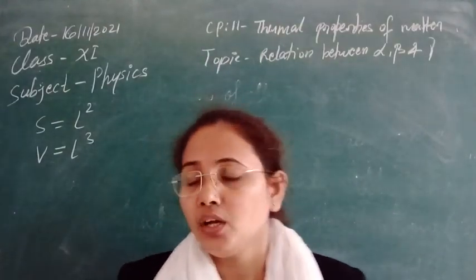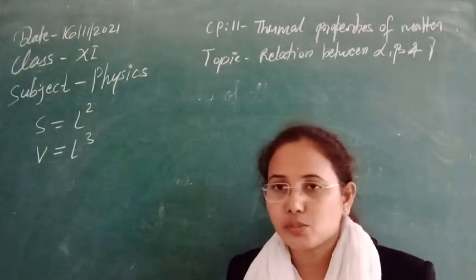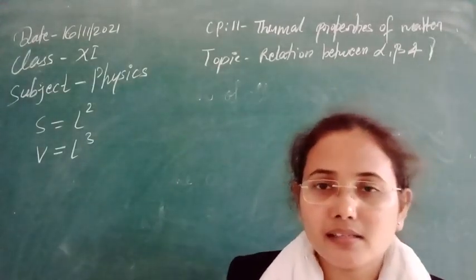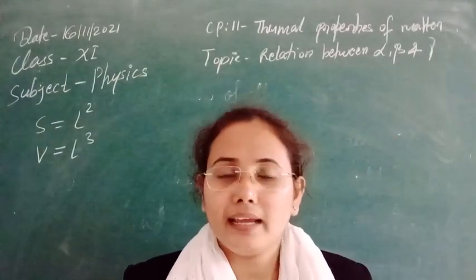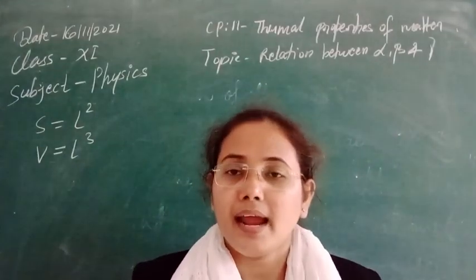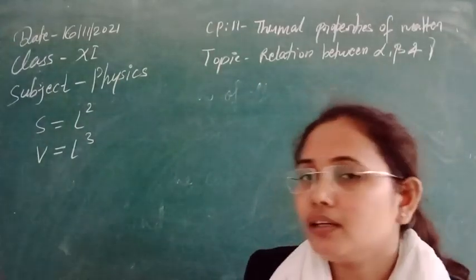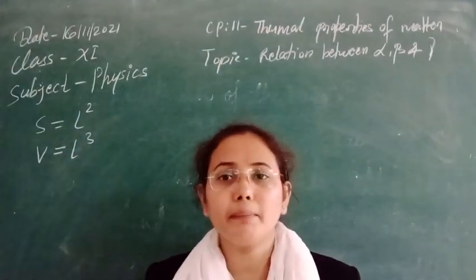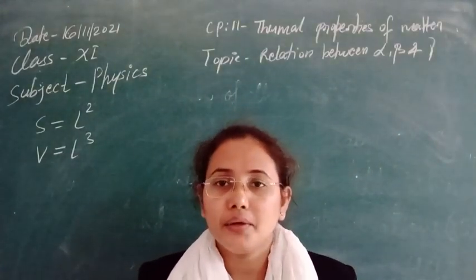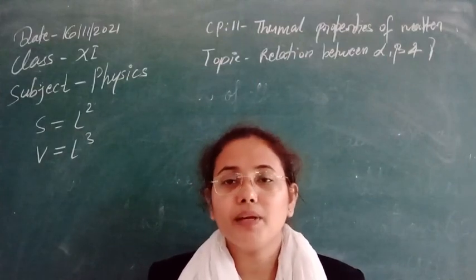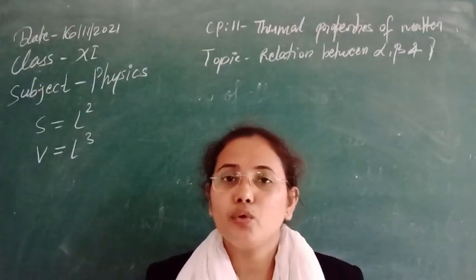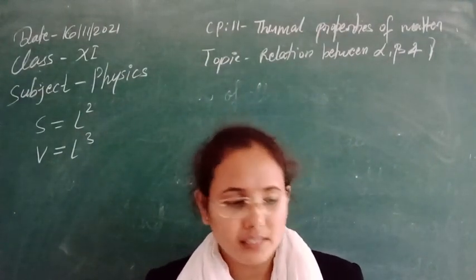The expansion along the length is delta L, along the area delta S, and along the volume delta V. So the new length of the cube will be L plus delta L, the new area will be S plus delta S, and the new volume will be V plus delta V.